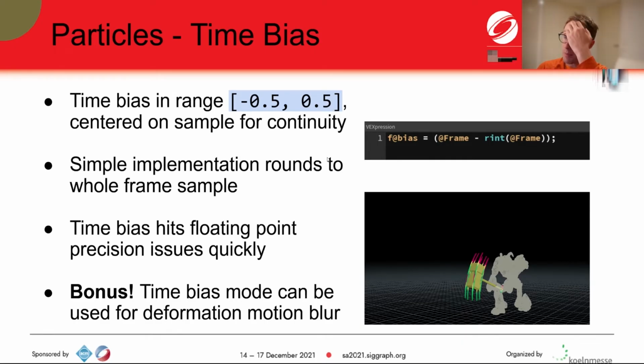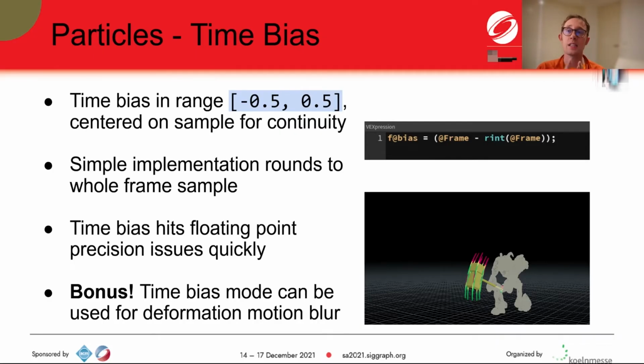Then with time bias, this is where we could scrub on the time slider, or the play bar. So the time bias ranges from -0.5 to 0.5.